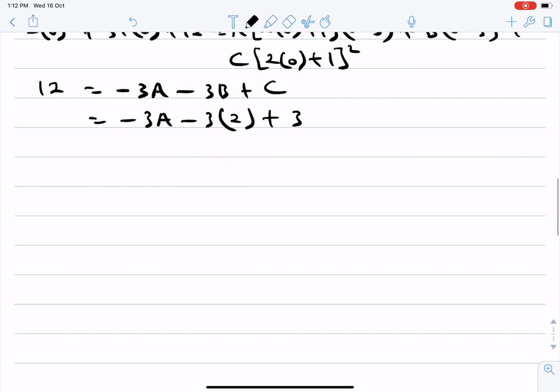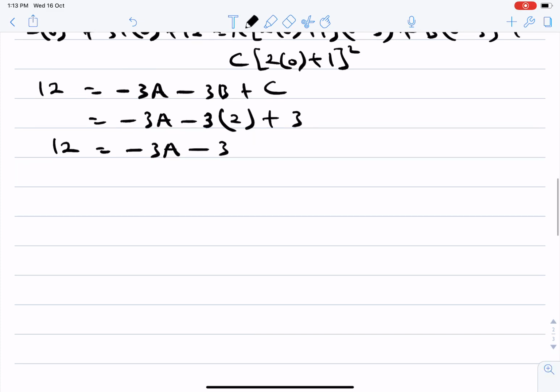So that simply means 12 equals minus 3a minus 3. Minus 3 times 2 is minus 6, plus 3 is minus 3. And that means 3a is equal to minus 3 minus 12. And 3a equals minus 15. And therefore a equals minus 5.